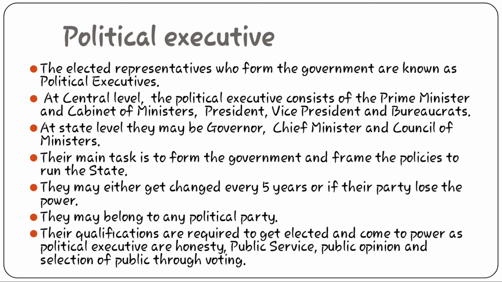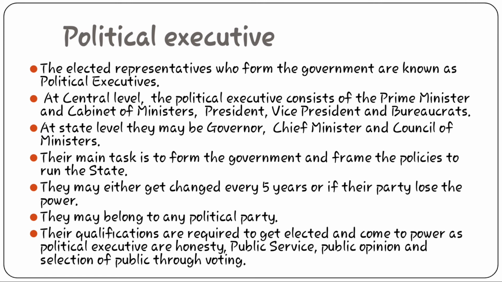Now we will discuss political executive in detail. The elected representatives who form the government are known as the political executive. At central level, the political executives consist of Prime Minister, Cabinet Ministers, President, Vice President and the bureaucrats.